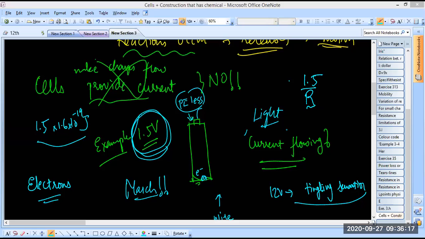So if the voltage is high, you definitely feel it. In fact, high voltage or high current both could kill people. Even high current is harmful to your body. It's not like only high voltage is required. But anyways, coming back to the topic.